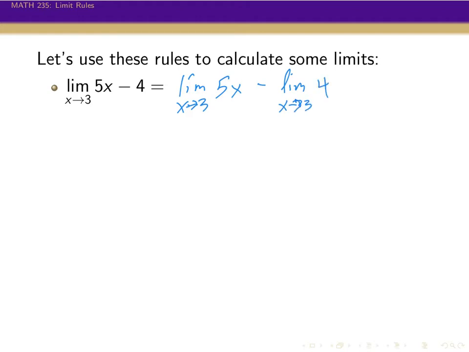That's what the subtraction rule said, that we're allowed to break this up. Well, 4 is a constant function. We did limits of constant functions. So this is going to be 4.